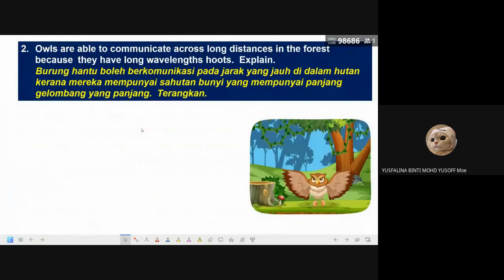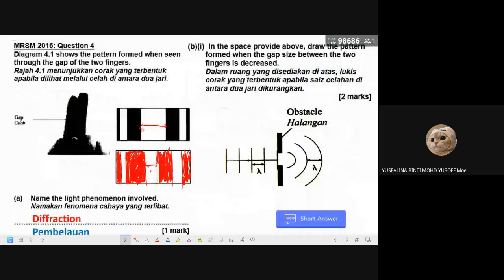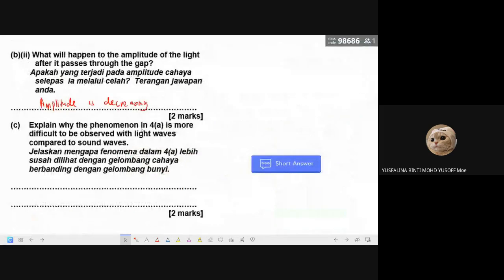The wavelength of the sound wave is higher than the light wave. So that's why it's hard for the light wave to be diffracted compared to the sound wave.